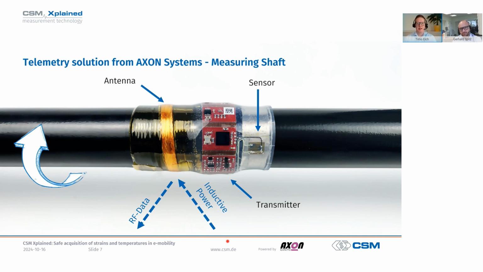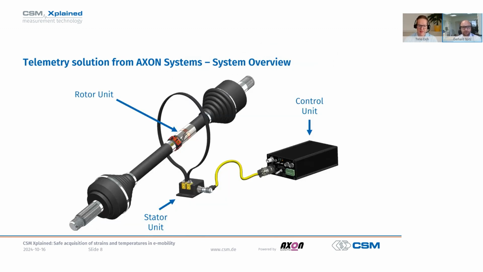So what components does an AXON telemetry system consist of? So we have now seen the rotor unit, the first part on the shaft, which is the tiny little transmitter, which contains a lot of technology inside already. But a standard telemetry system for this purpose consists of three components mainly. So we have the rotor unit on the rotating shaft, and if we have a rotor unit, then we need a stator unit, of course.